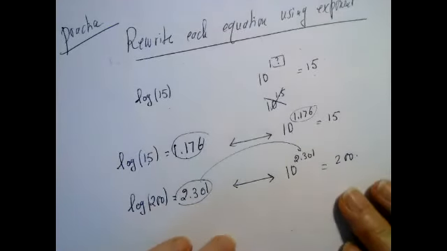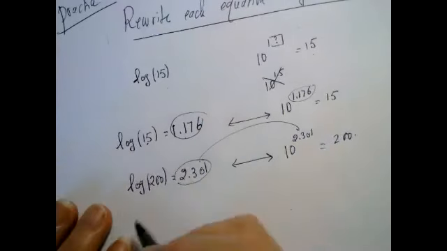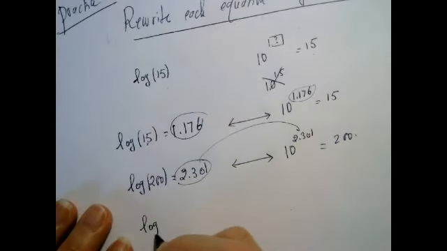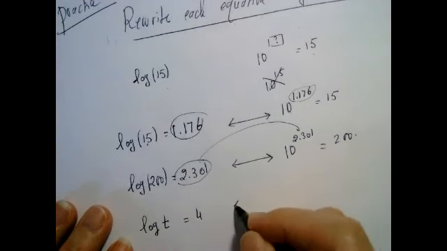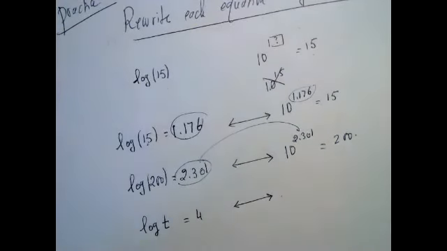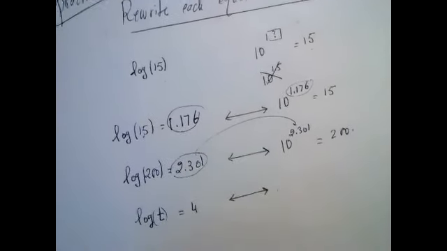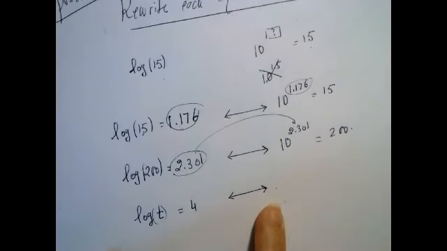Okay. Let me give you one a little bit more abstract. If I tell you log of t equal to 4, how can we rewrite this using exponent? You think of t as the input of the log, and 4 as the output. Who feels comfortable writing this using exponent?